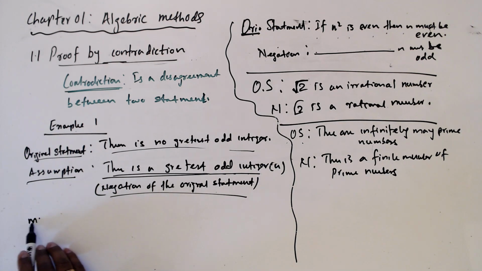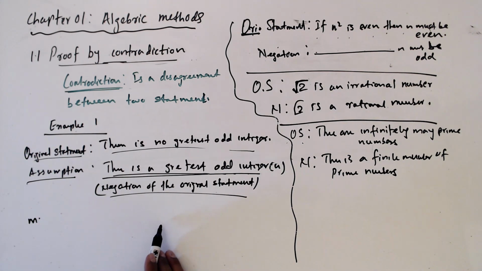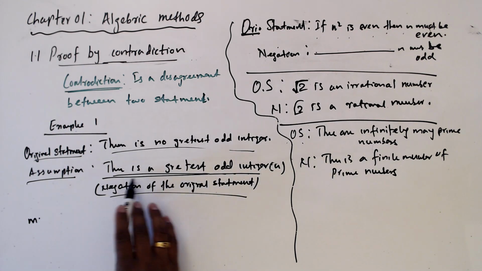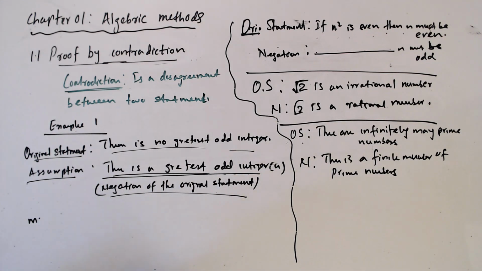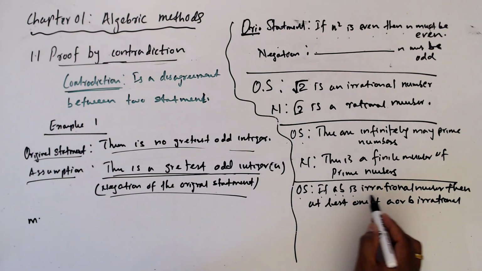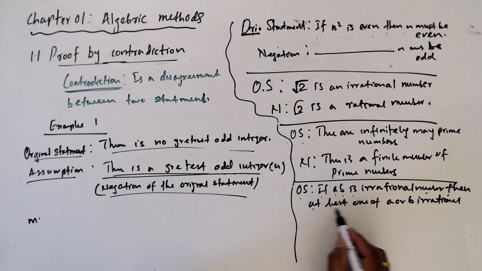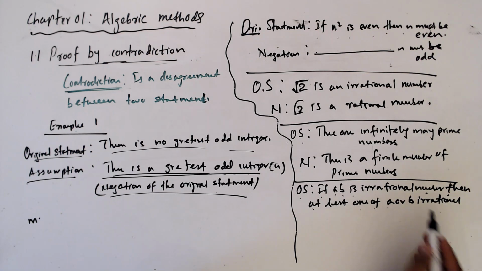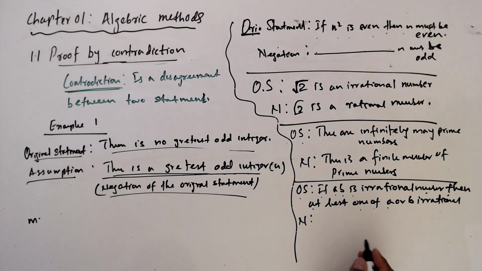Then we have a mathematical argument, and we will come to a different statement. We'll discuss this example. Another original statement: if AB is an irrational number, then at least one of A or B is irrational. What is the negation of this statement?